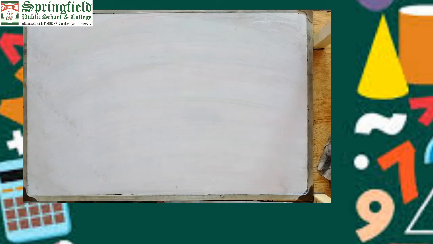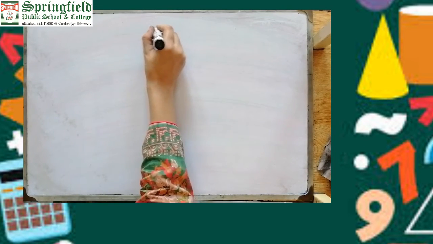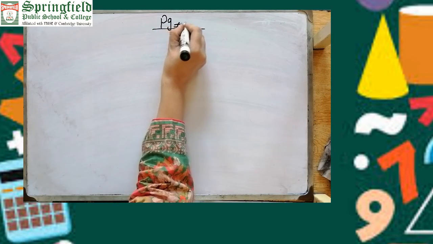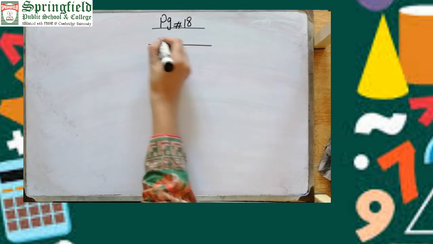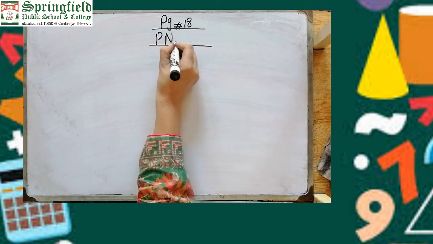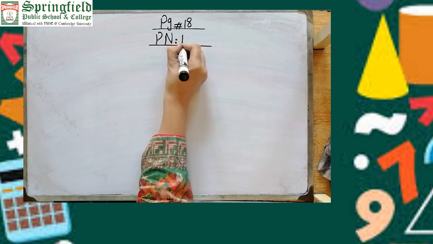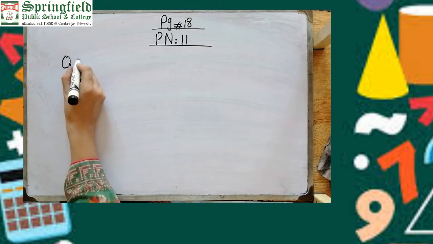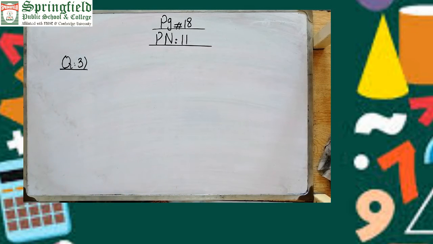As we are doing practice 11, page number 18, question number 3. Since 24 is the least common multiple of 6 and n, 24 is a multiple of n.